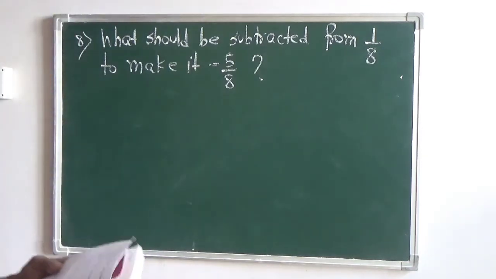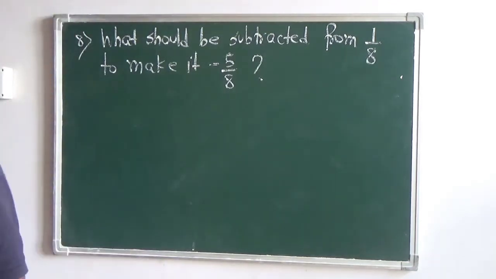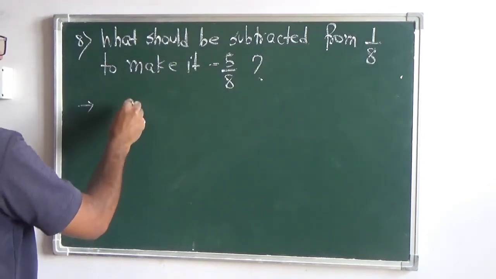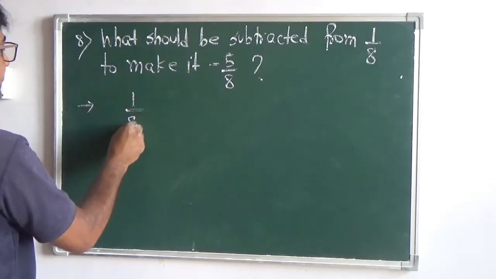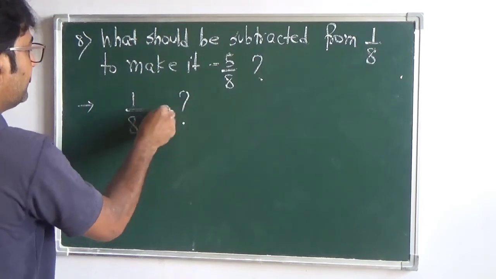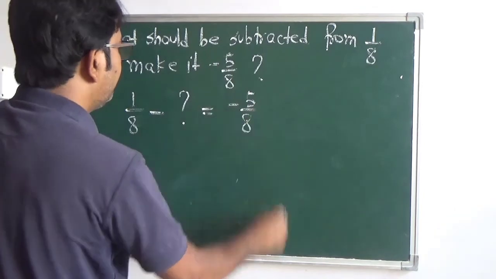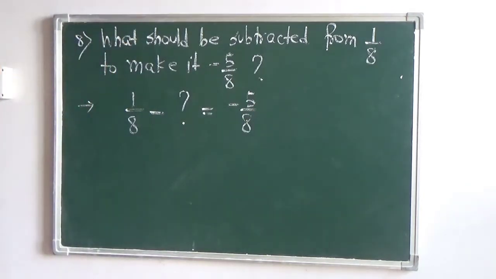I want you to solve the question and tell me the answer. The question is like this: what should be subtracted from 1 by 8? So 1 by 8 minus question mark, and you get the final result as minus 5 by 8. So solve this and tell me the answer to this particular question.